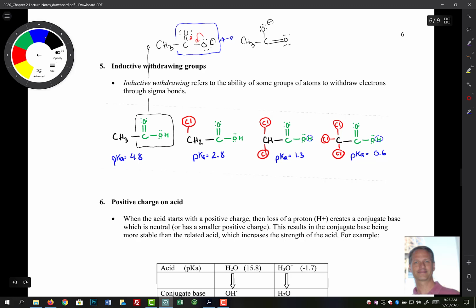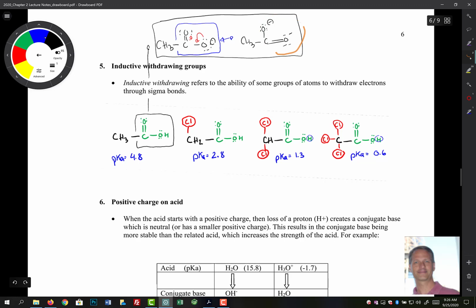Right, our minus charge right down there. So that's not going to change. What changes across this, though, is the number of chlorine atoms. And as we put more electron withdrawing groups, like chlorine or fluorine, on here, it helps pull electron density away from the end of that molecule where that negative charge is, and it helps stabilize that negative charge.